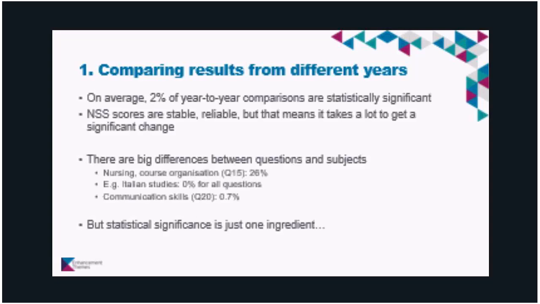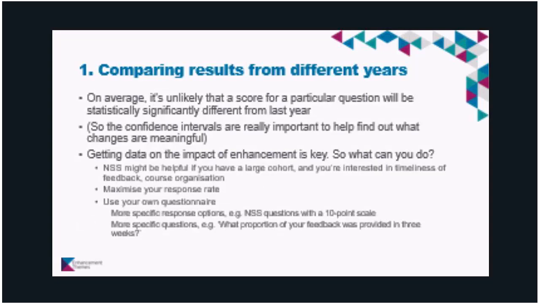They have other evidence that means they can conclude that that change was really meaningful and that something happened. Statistical significance is just one ingredient when you're trying to figure out whether your results mean something. But on average, it's unlikely that a score for a particular question will be statistically significantly different from last year.